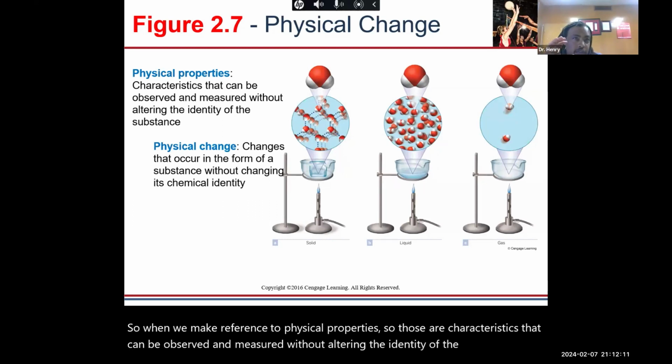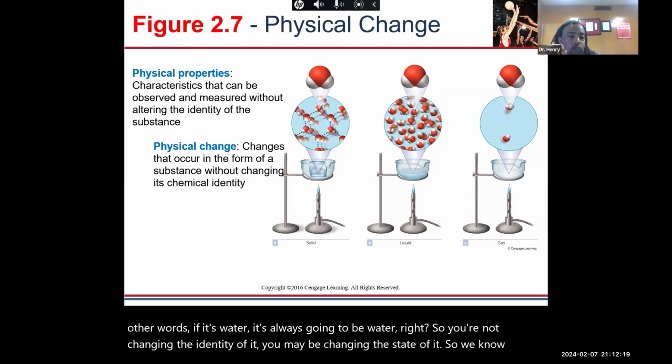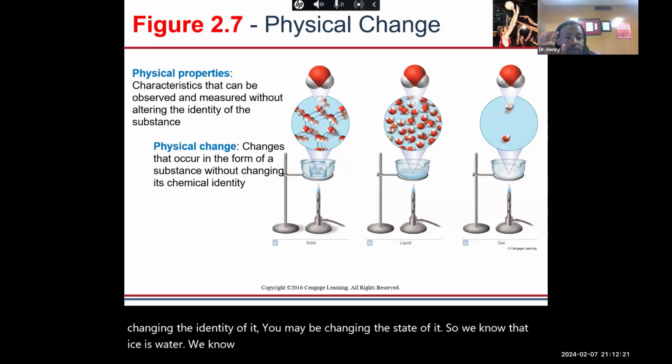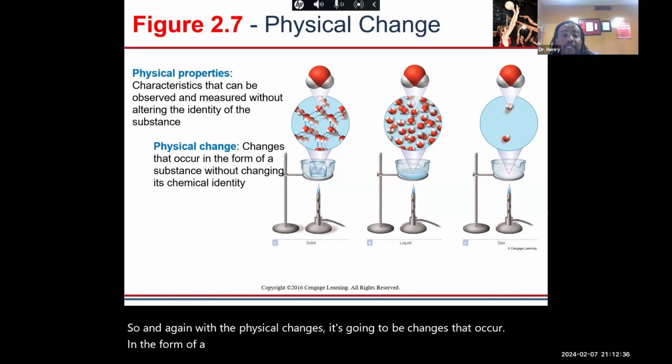In other words, if it's water, it's always going to be water, right? So you're not changing the identity of it. We know that ice is water. We know that liquid is water. And then we also know that steam is water. And again, physical changes are changes that occur in the form of a substance without changing its identity.